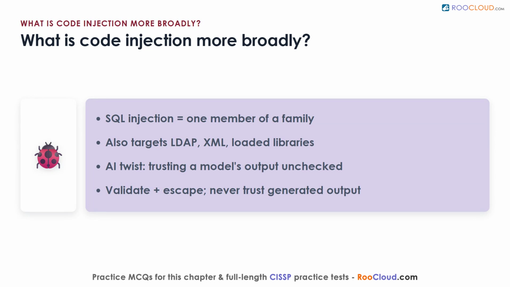A modern twist involves large language models, where a downstream system blindly trusts the model's output and passes it along unchecked. If an attacker poisons the prompt, the model can return a hostile payload that the next component dutifully runs. The lesson is universal: validate and escape input, and never blindly trust generated output either.